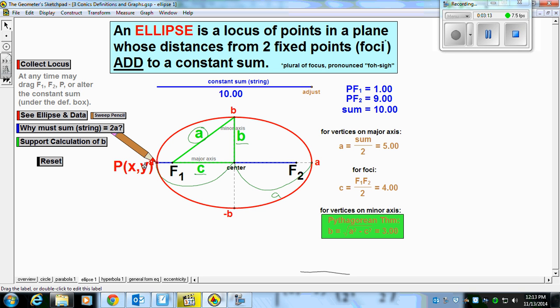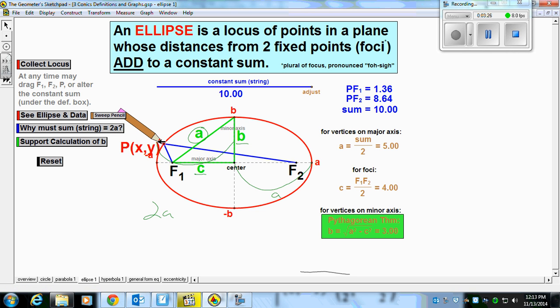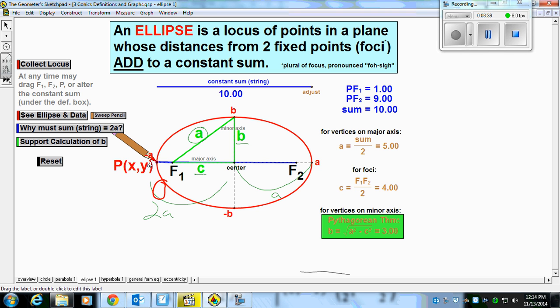If you think about the string length here, the string length is 2A because it doubles up. The string has to go all the way to F1, and then it doubles up right here as we go over. That doubled up region can be thought of as being added on over here, so this entire ellipse across here is 2A.